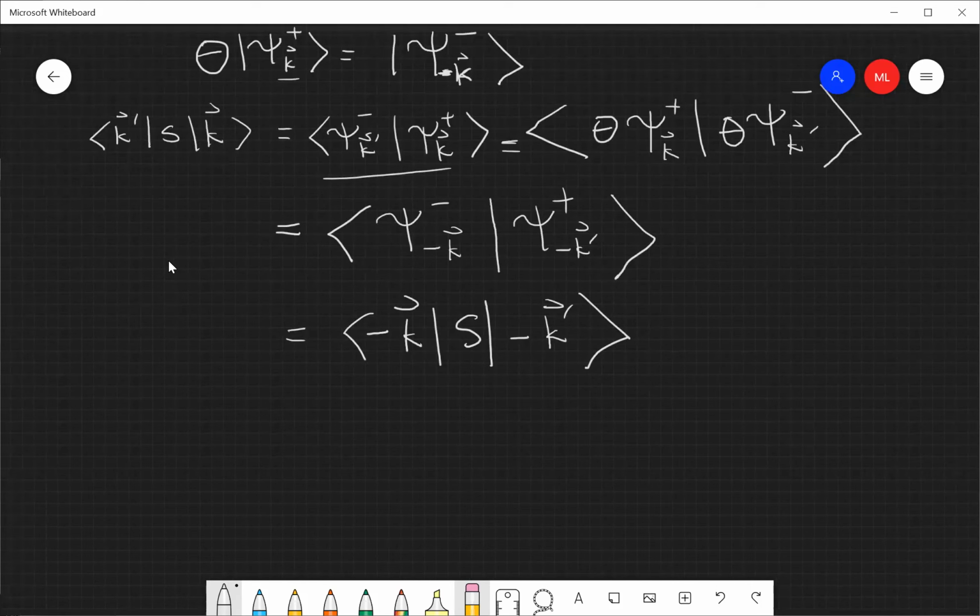So that means that K prime T K is equal to minus K T minus K prime. And this is called the reciprocity relation.